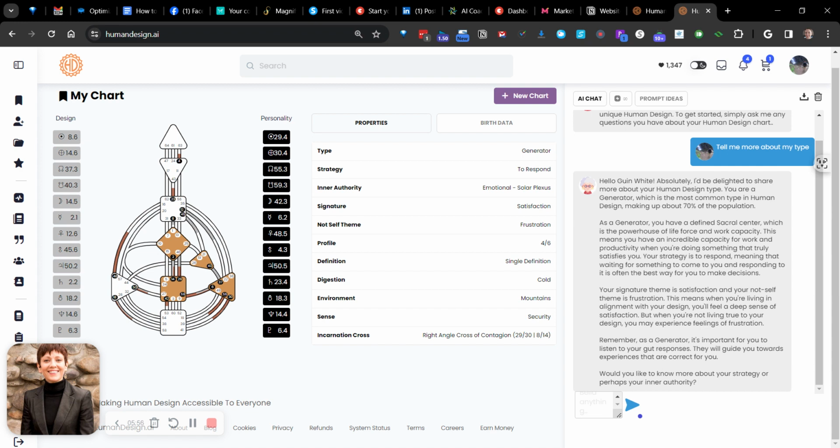Now, she says 70% because she is actually trained to treat the manifesting generator type as a subtype of the generator. So she is correct in saying 70% when I understand that that is how she is trained. So depending on the school of human design, generators and manifesting generators may be considered one type or two separate types.